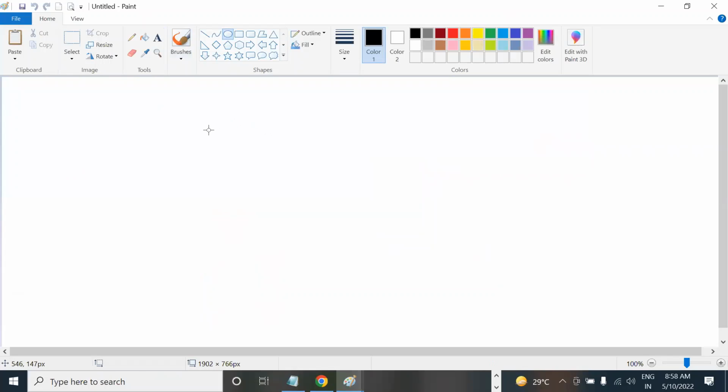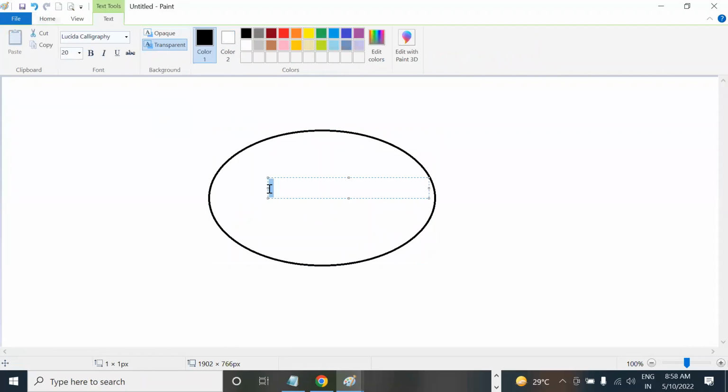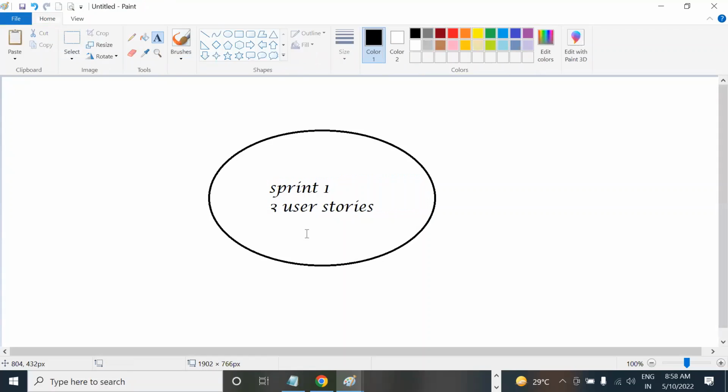So this is my sprint 1. In sprint 1, I got 3 user stories. I need to work on 3 user stories in this sprint. Any doubts here?